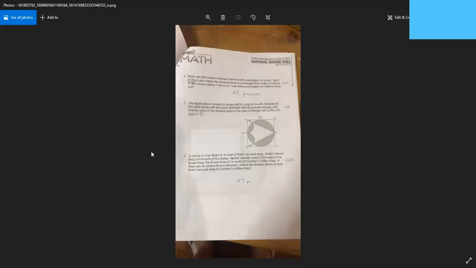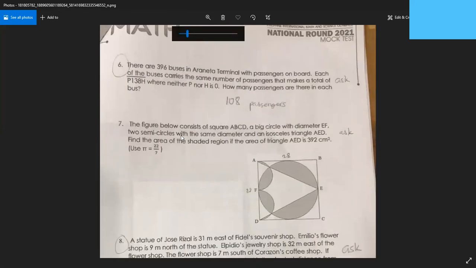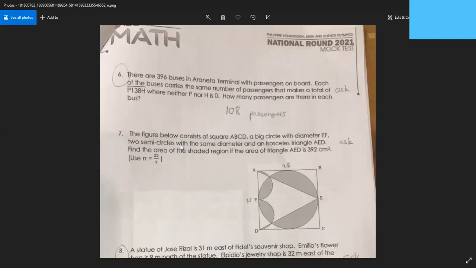On number 6, let me zoom that one. There are 396 buses in Araneta Terminal with passengers on board. Each of the buses carries the same number of passengers. That makes a total of P138H, where neither P nor H is 0. How many passengers are there in each bus?